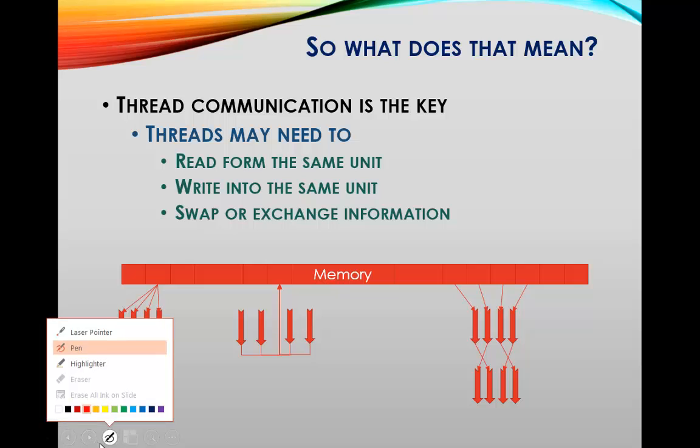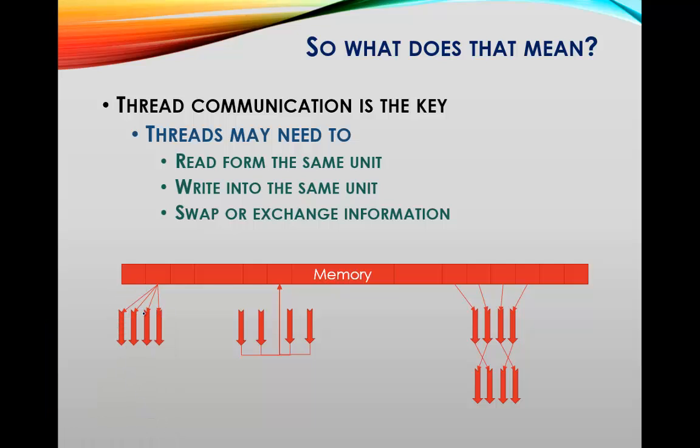So if all these arrows here are threads that are run on your GPU in parallel, the first scenario is when all of these threads need to have access to the same memory unit and be able to read from it. Now, as you see here, the only bottleneck is that only one thread at a time can read from a unit electronically.